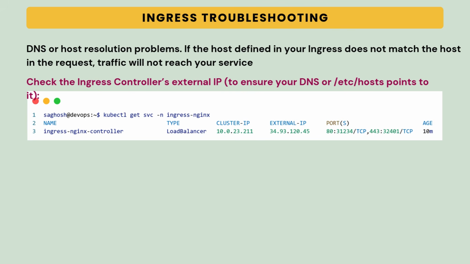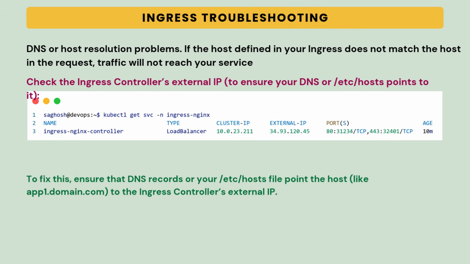If the host defined in your Ingress does not match the host in the request, traffic will not reach your servers. To fix these types of issues, ensure that DNS records or your /etc/hosts file points the host, like app1domain.com, to the Ingress controller's external IP.